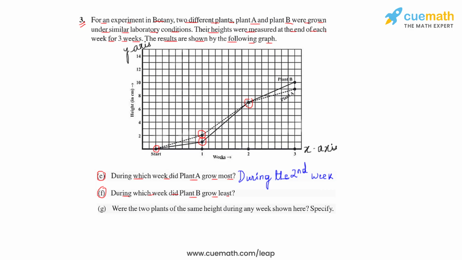During the second week it increased from 2 centimeter to 7 centimeter, that is, an increase of 5 centimeter. During the third week, plant B's height increased from 7 centimeter to 10 centimeters, an increase of 3 centimeters. So if we consider these three intervals, the least growth in height was during the first week for plant B.